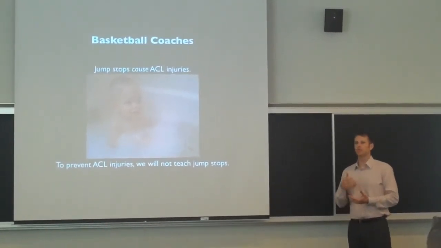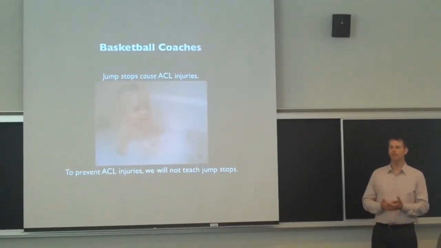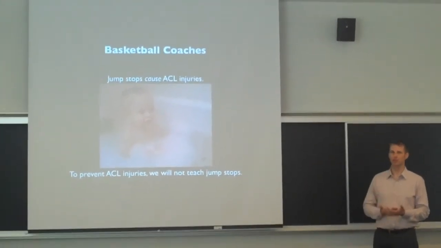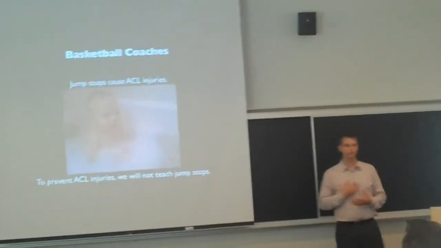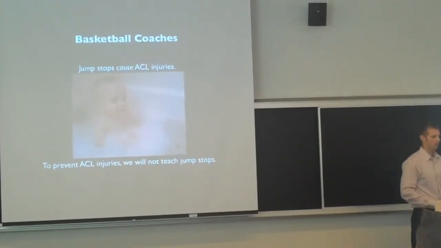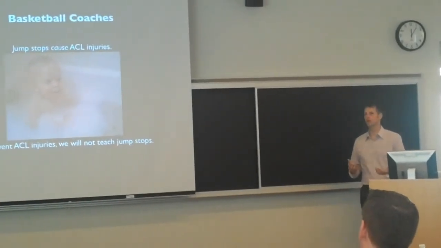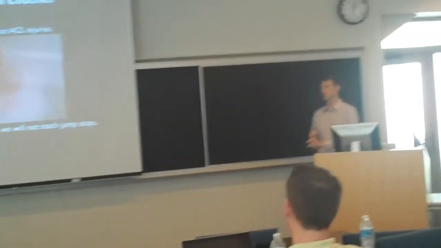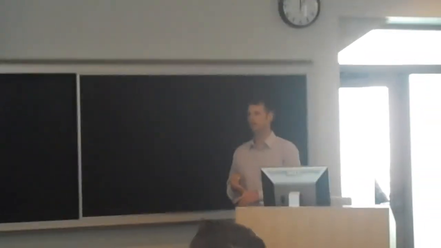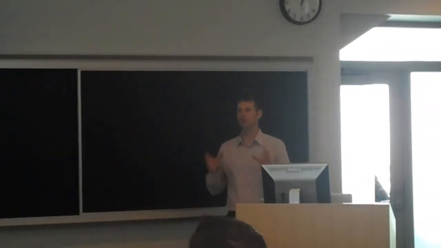Whether you jump stop or you're 1-2, you have to decelerate. You can't play basketball and get rid of deceleration and jump landings. It wouldn't be a game. So essentially, to me, they're throwing the baby out with the bathwater. If jump stops are causing them, rather than looking at how we can improve the jump stops, or, well, they have to stop in some way, we're just going to get rid of one skill and then hope for the best.